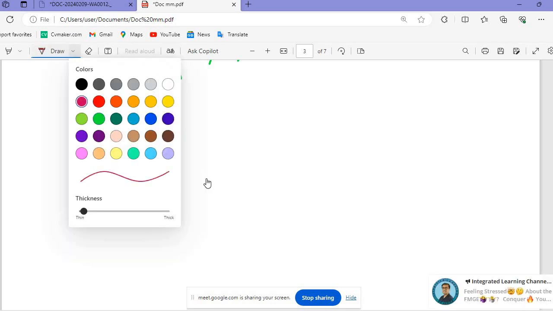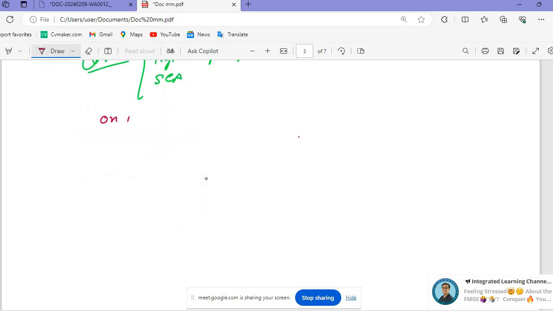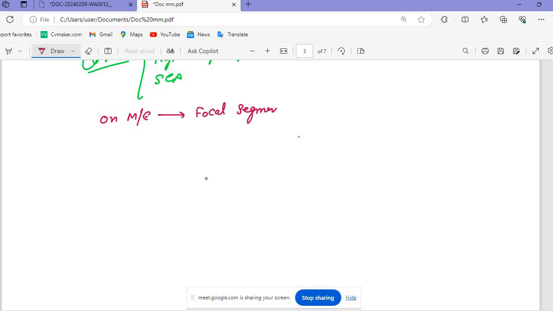Okay, this one you need to remember, and along with that, on microscopy you also remember there will be focal segmental sclerosis, that's why we call this FSGS. There we will also see hyalinization of the glomeruli, and there will be lipid droplets.